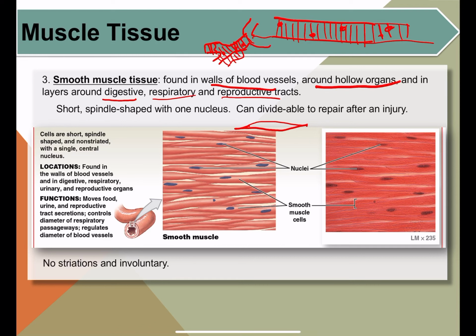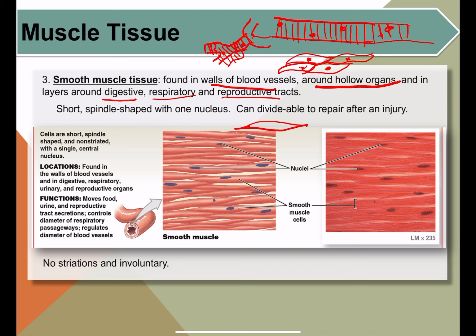Whereas smooth muscle cells have that spindle shape and form layers of smooth muscle. So these three types of muscle look very different from each other. There will be models of these three different types of muscle tissue when we get to the microscopic anatomy of muscle tissue lab. So you'll really see the difference between the three types of tissue then.